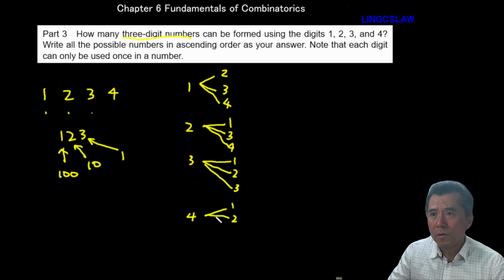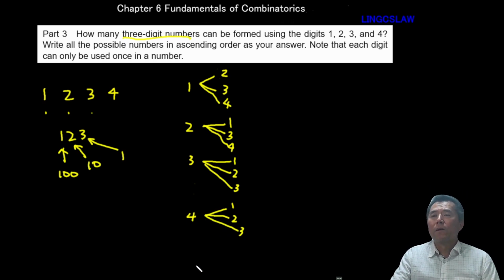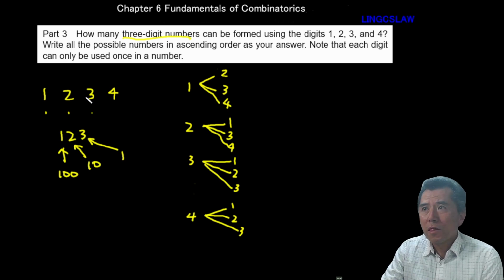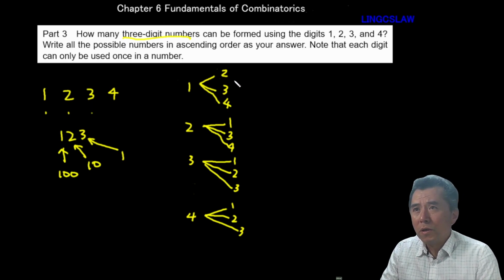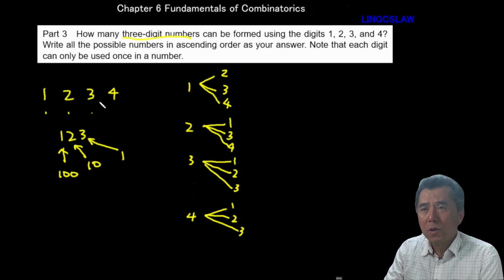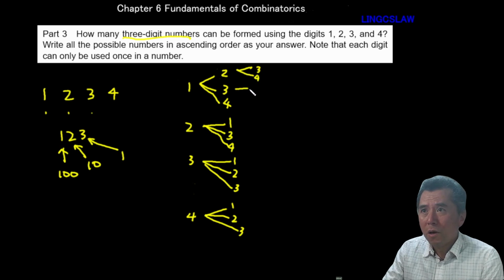And for the third number, the rest is 2 numbers, so there are 2 choices: 3 or 4, 2 or 4, and 2 or 3.